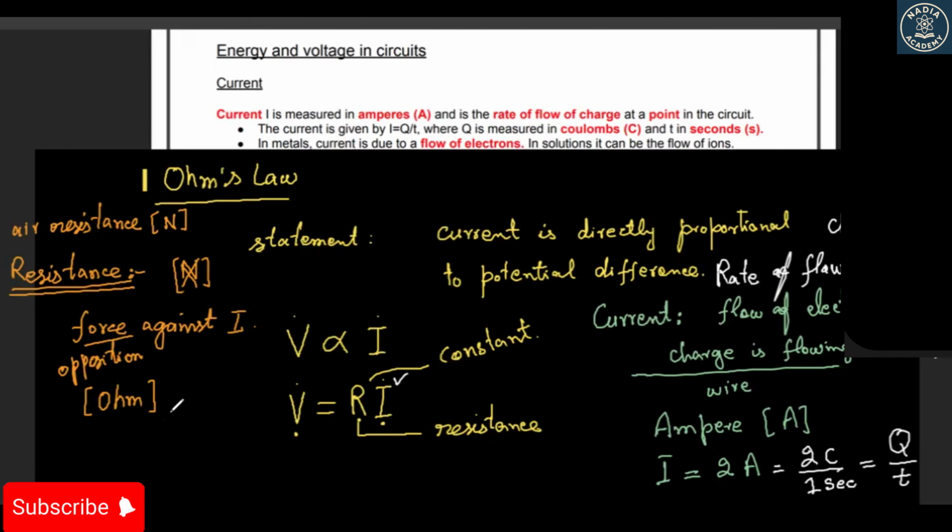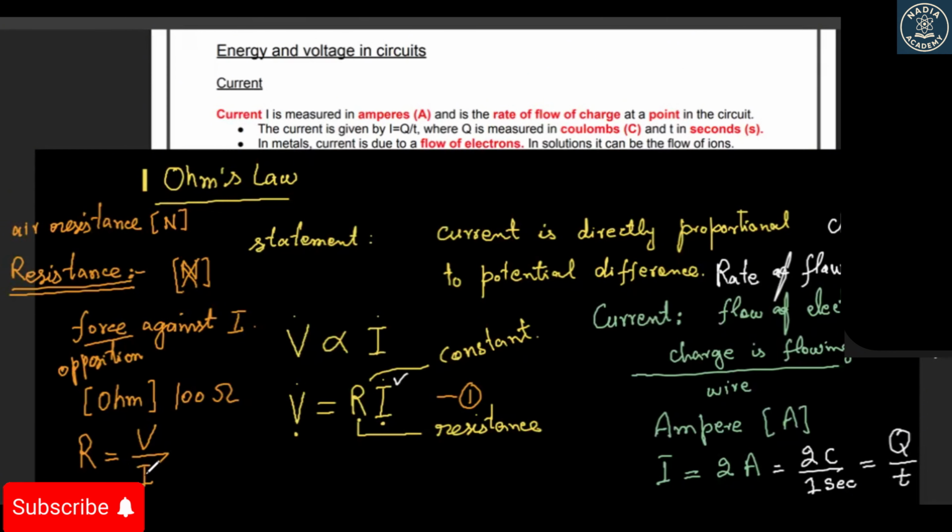For example, if I say that I have a resistor and its resistance R is 100 ohms, then it means that to have 1 ampere current, we need 100 volts. From Ohm's law equation, we can see that the resistance is equal to the potential difference divided by the current.